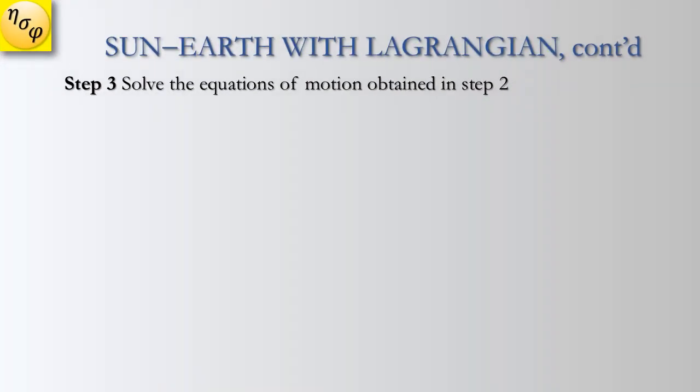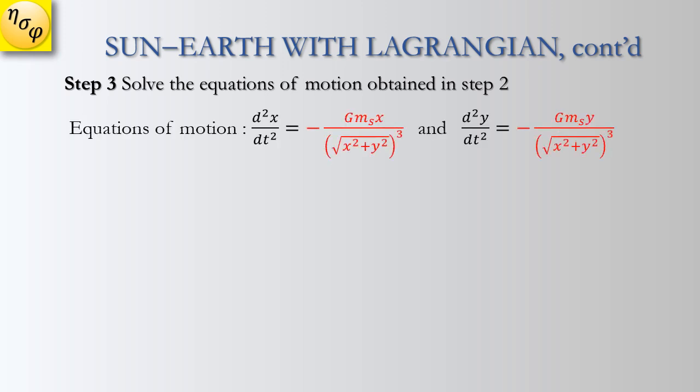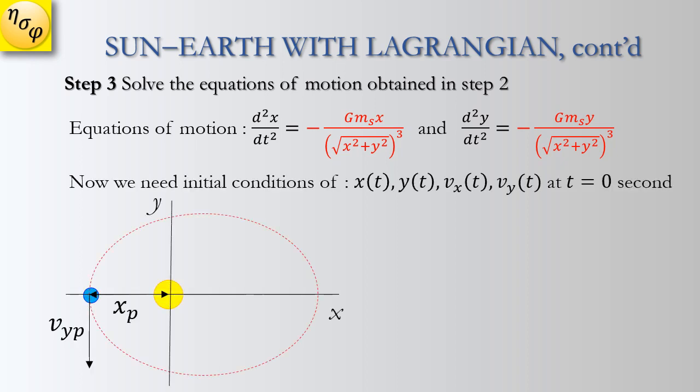Step 3 is to solve the equation of motion obtained in step 2. The equations of motion obtained from step 2 are d2x over dt squared and d2y over dt squared. Now we need initial conditions for x(t), y(t), Vx(t) and Vy(t) at t equals 0 seconds.